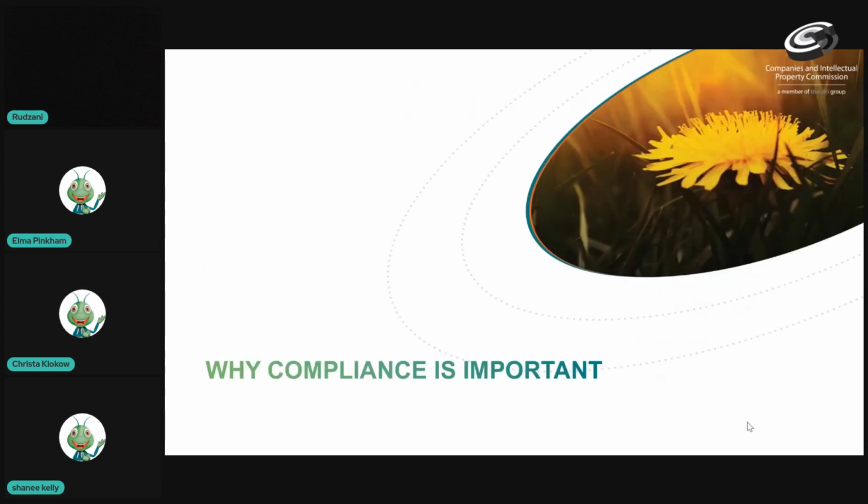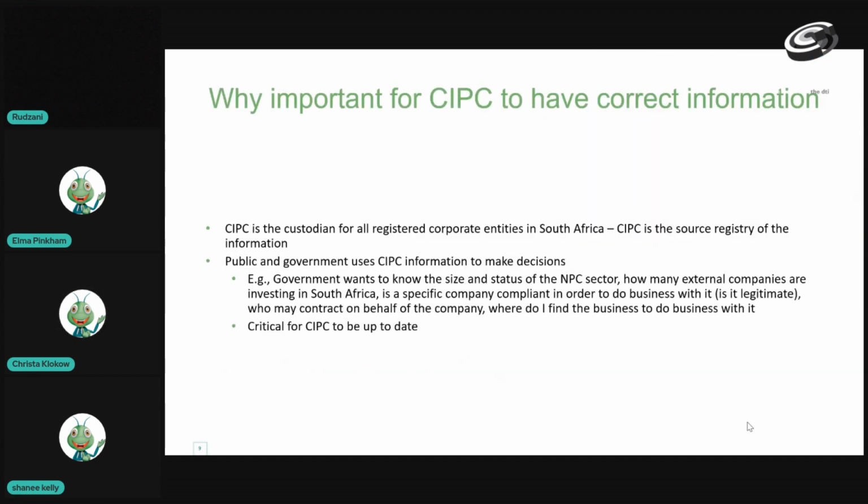Right. Now that we know what annual returns are and what they look like, why is compliance so important with it? As you all maybe know by now, CIPC is the custodian of all registered corporate entities, companies, close corporations, co-ops in South Africa.